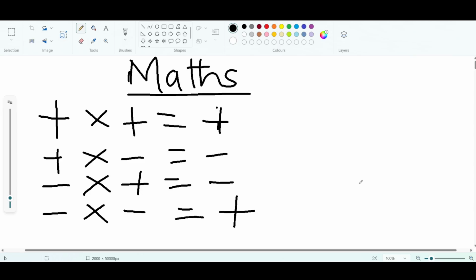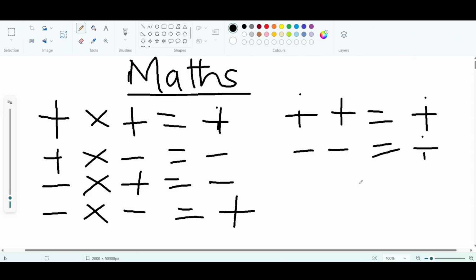And the one thing: if two signs are the same, it's going to be plus. But if two signs are different, then it's going to be minus.